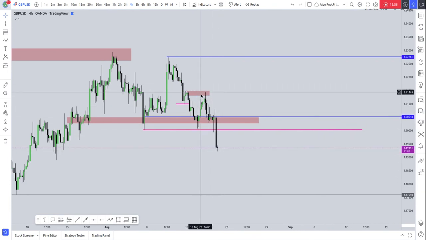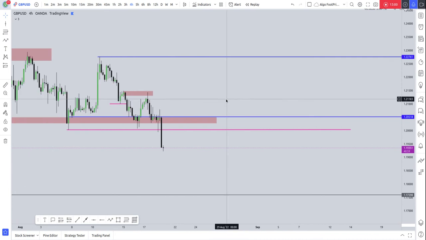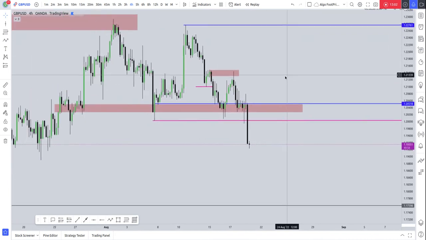Price goes down. And there is no candle on H4 that has closed above. This was liquidity grab, mitigation, and when we came back, several attempts and no candle closed above.